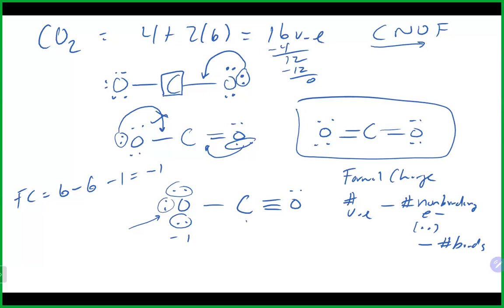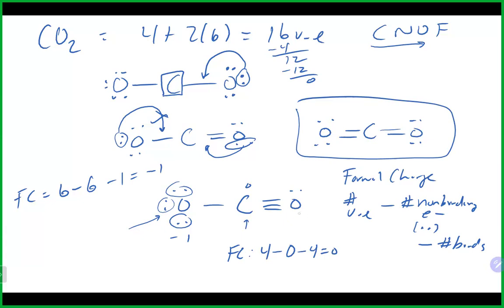If we do it for the carbon here, we have 4, which is the valence electrons of carbon, minus 0 as there are no non-bonding electrons present, no dots on that carbon, and minus 4 bonds, which is 0. So we have 0 there.